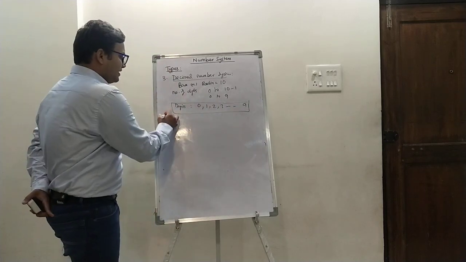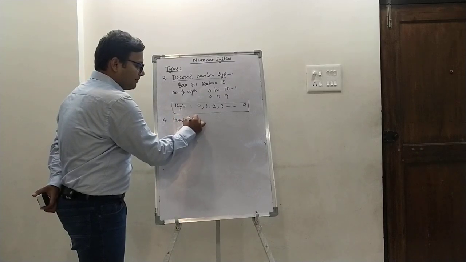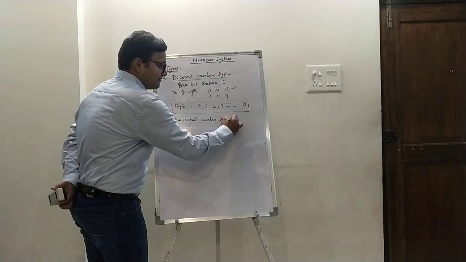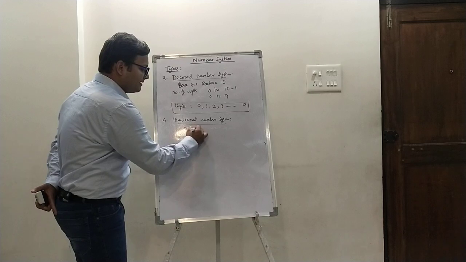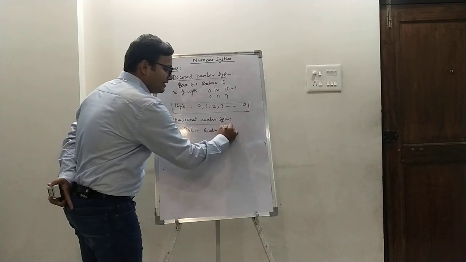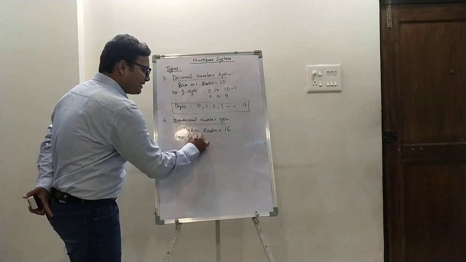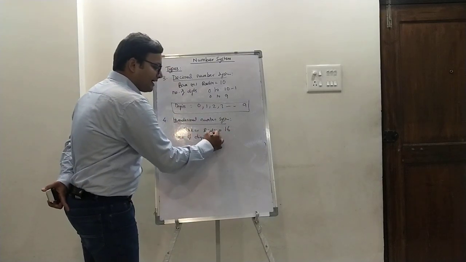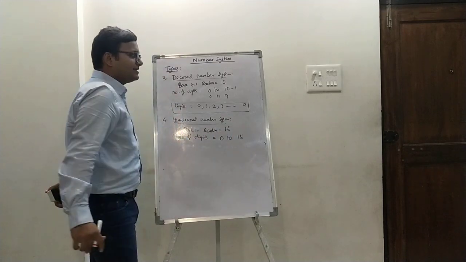The fourth one is hexadecimal, a very important one, the hexadecimal number system. The hexadecimal number system base or radix is 16. So the number of digits in a particular hexadecimal number system is in the range of 0 to 15, that is 16 minus 1.